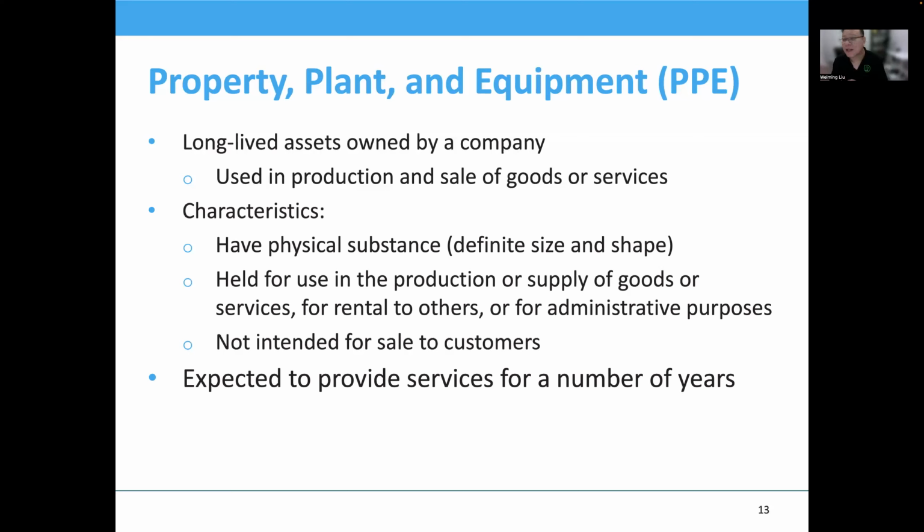So in this case, the building directly earns the service income. And we are expecting that the building can be used for many years. You don't have to sell the building right away. The building is built pretty strong and will not collapse after one year, so you can use it for many years.